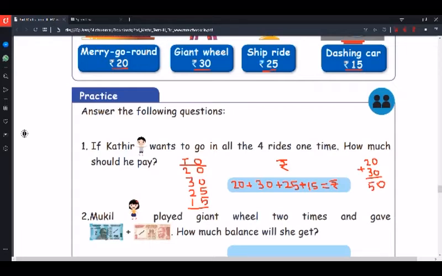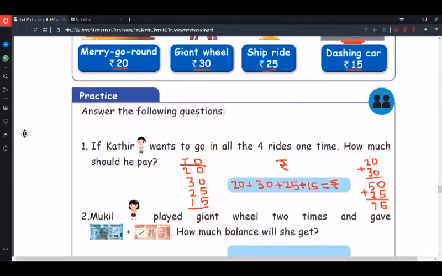So now 20 plus 30 is 50. So 50 plus 25. The next number is 25, isn't it? Add that number 25. 0 plus 5, 5. 5 plus 2, 7. So 20 plus 30 plus 25 is over.